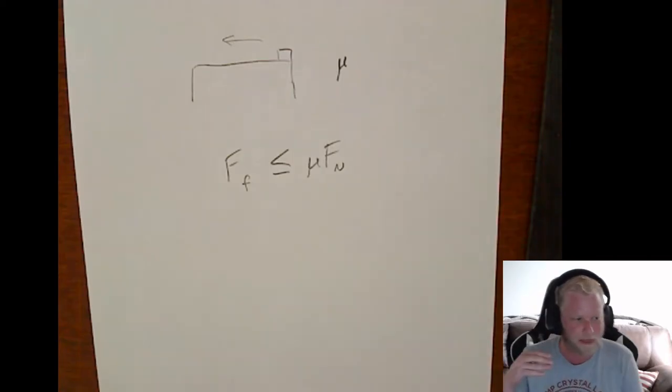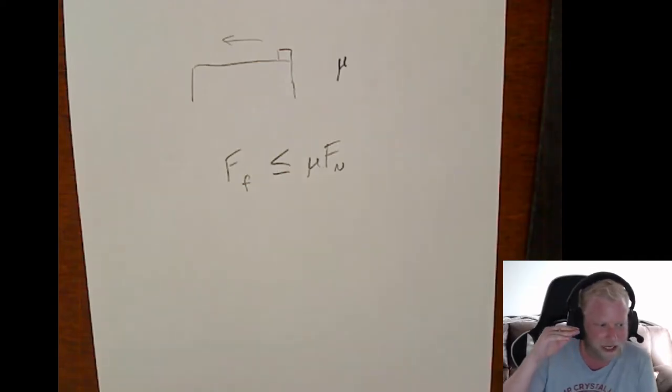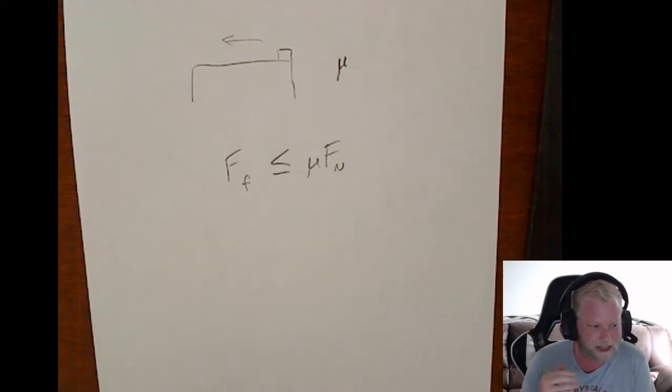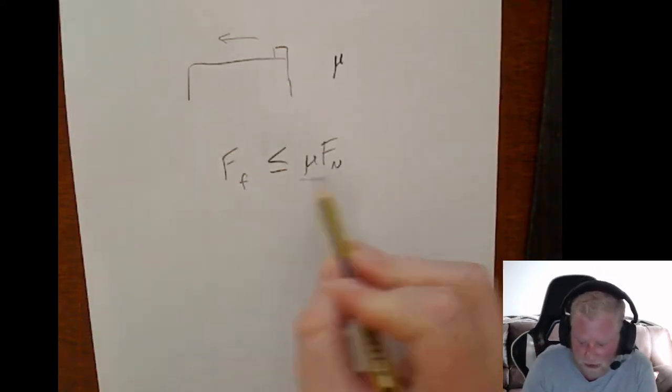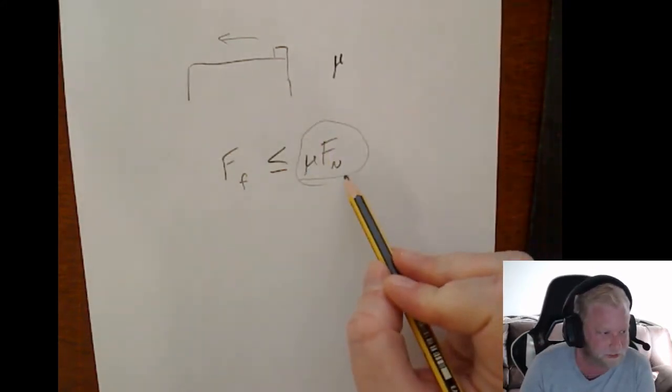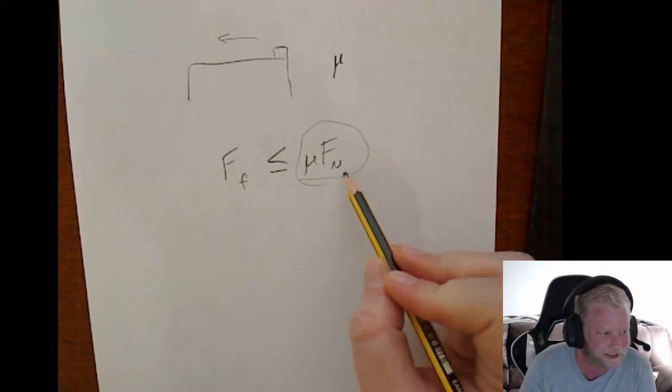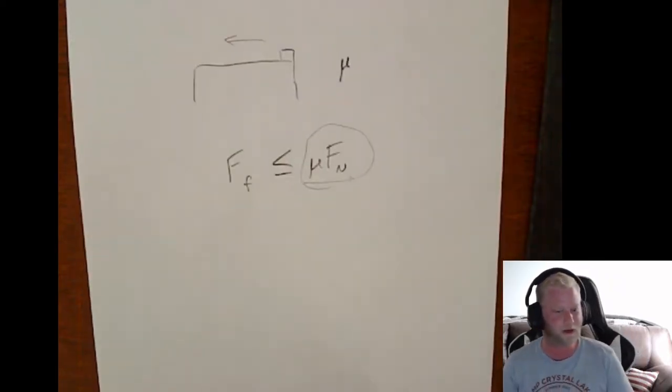As you continue to increase the applied force, the static frictional force between the table and the floor will continue to match you up until a certain maximum value. And that maximum value is whatever this comes out to be. As soon as you exceed that maximum value, the table will start to slide. And that's what we call the threshold of motion.